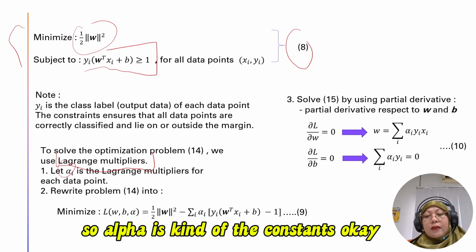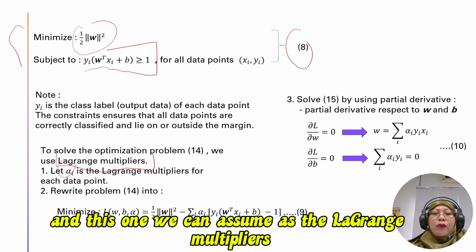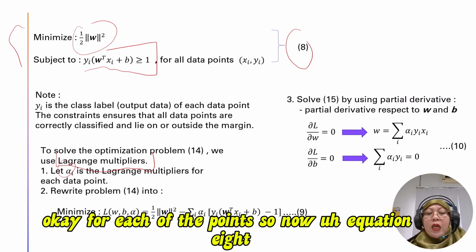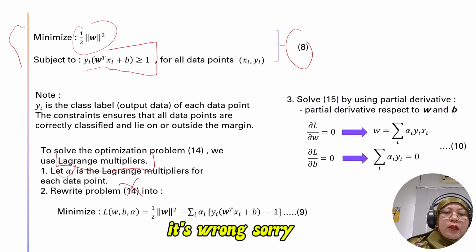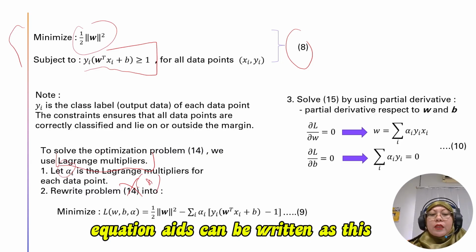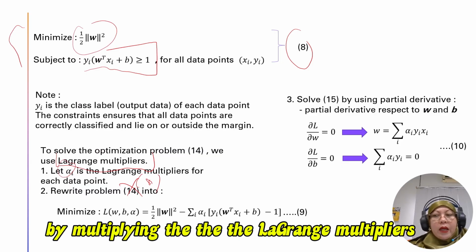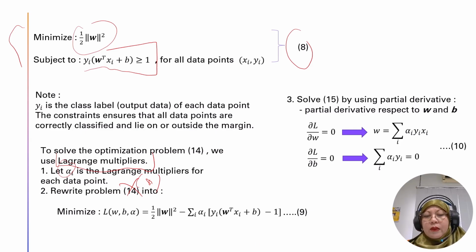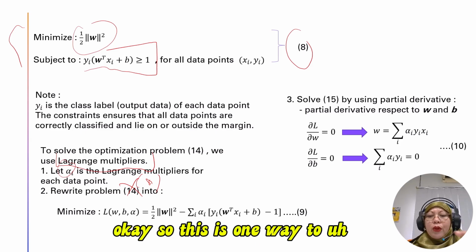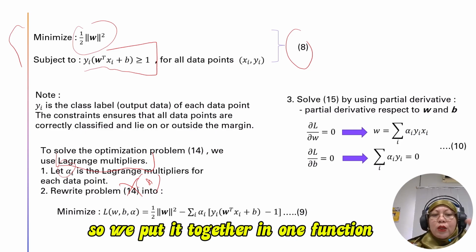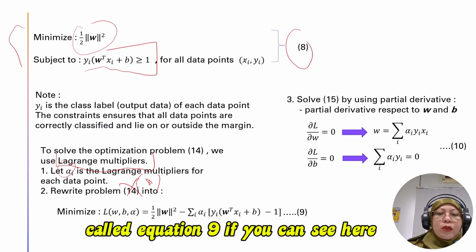Alpha i is a constant, and we can assume it as the Lagrange multiplier for each data point. So equation 8 can be written like this by multiplying the Lagrange multipliers with the problem. This is one way to solve this problem. We put it together in one function, called equation 9.